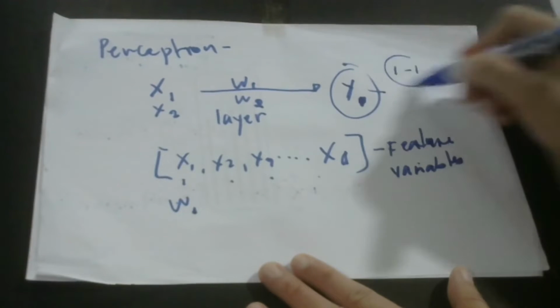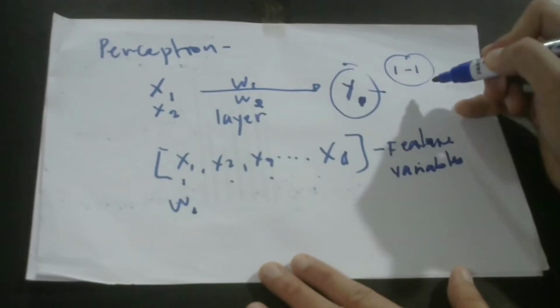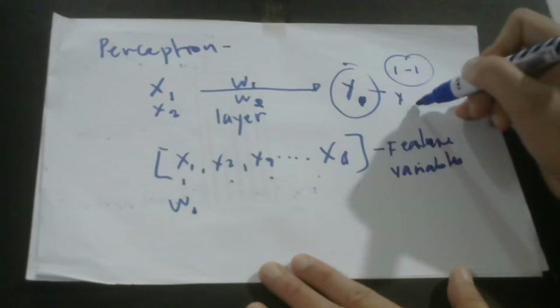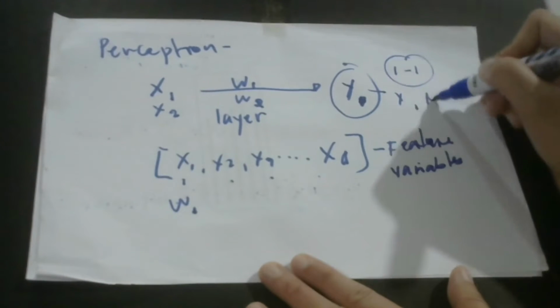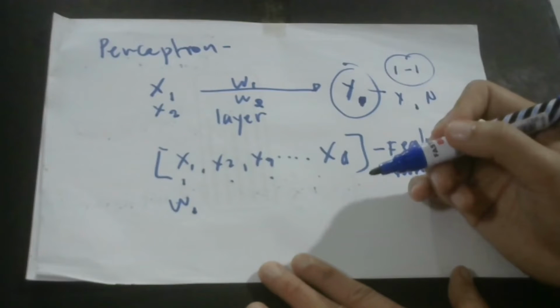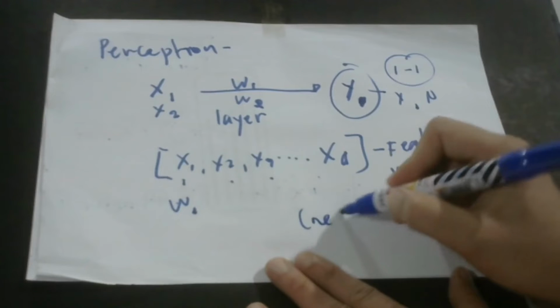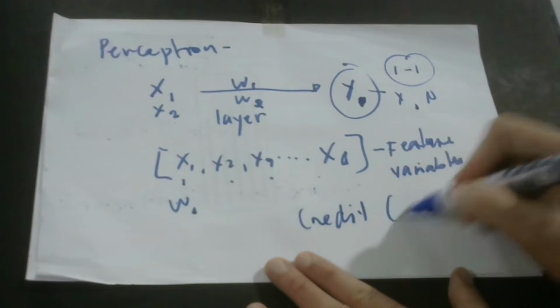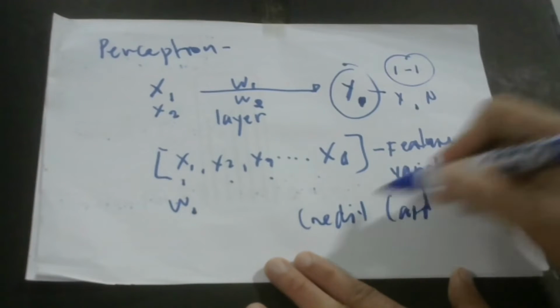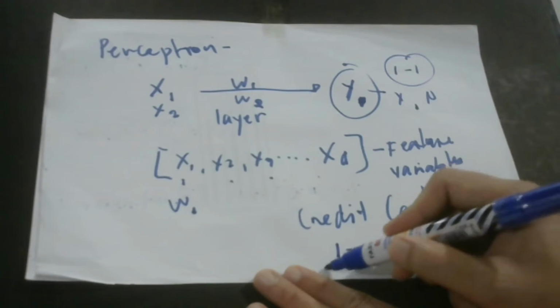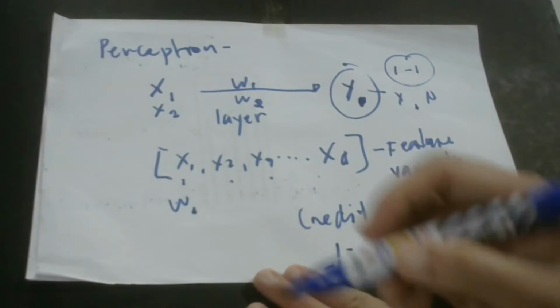So there is a prediction value, which can be classified as yes or no. For example, with credit card fraud, we would say that 1 is a perfect fraud, and -1 is no fraud at all.